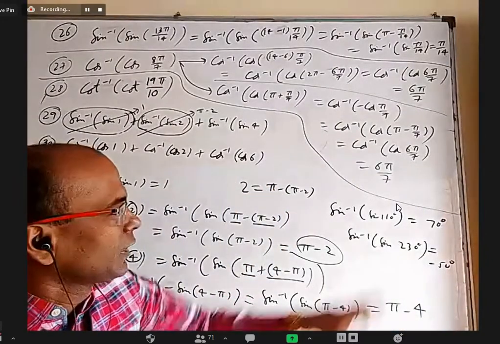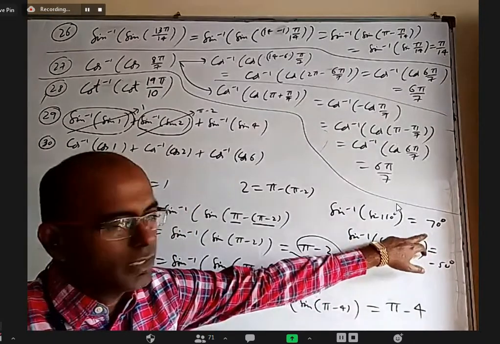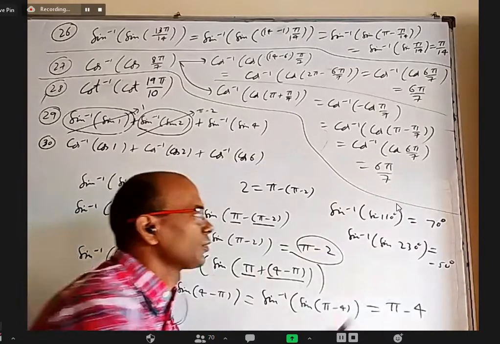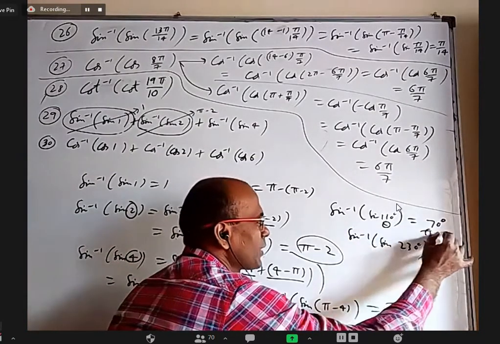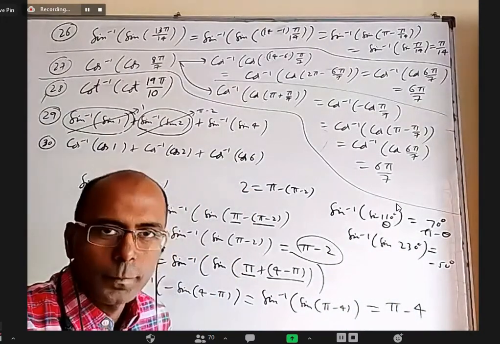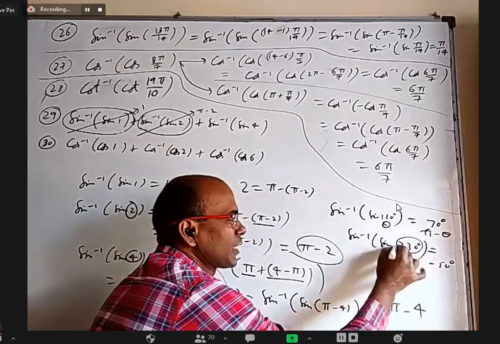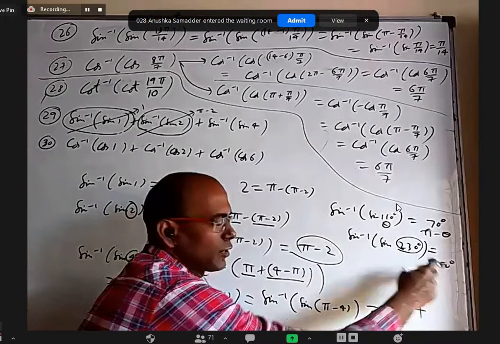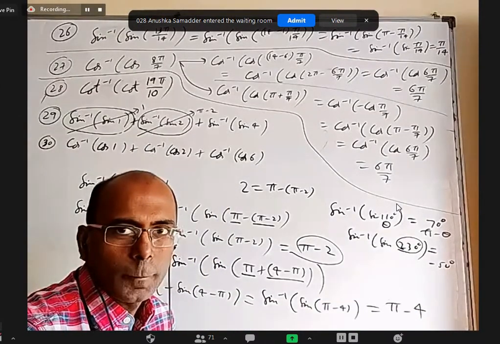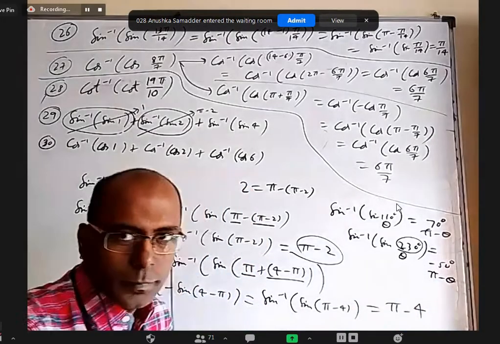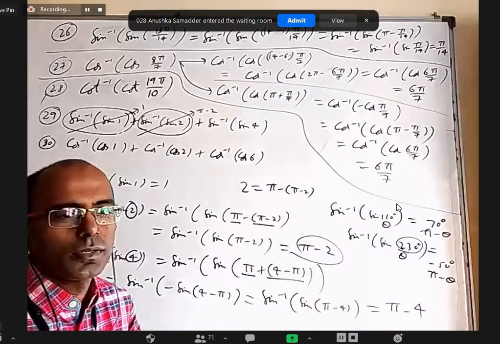Now, from 110, how will you get to 70? From 180, you have to remove this, right? So if this is theta, this is pi minus theta. Do you agree? 230: from 180, if you remove 230, will you get minus 50? So it is true.